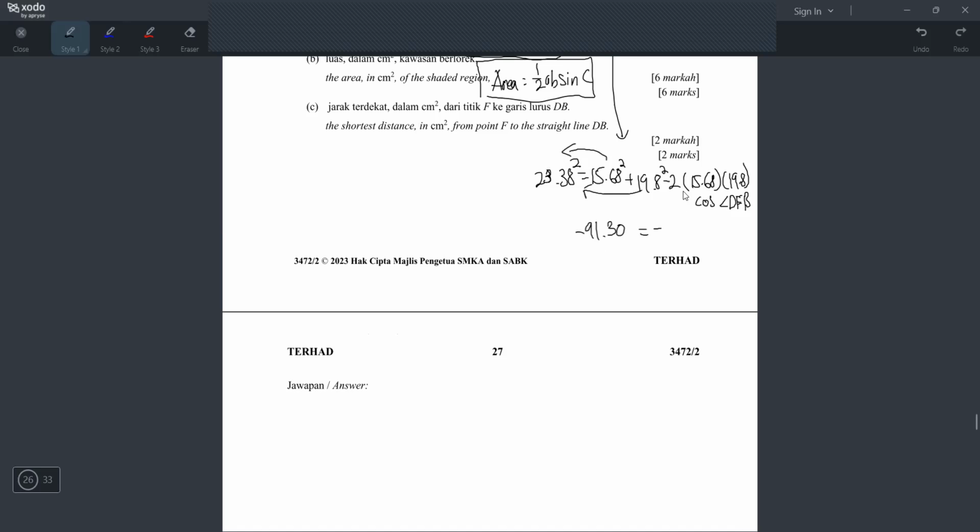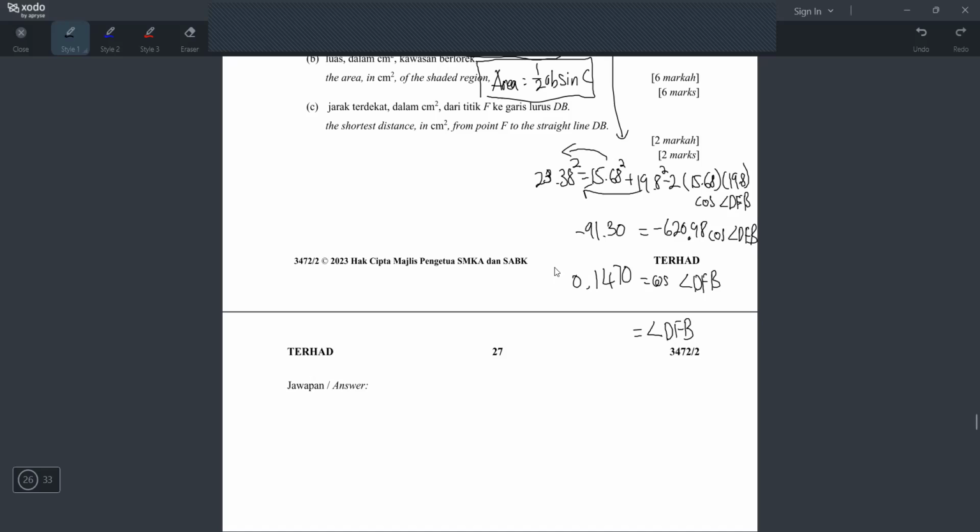And then the other side is just left with negative 2 times 15.68 times 19.8, which is negative 620.98 cos DFB. So how to find cos DFB? This negative number divided by this negative number. So 91.30 divided by answer. You don't have to press the negative also, because negative divided by negative is positive. So you get 0.1470. Okay. And now you can find your DFB, all right?